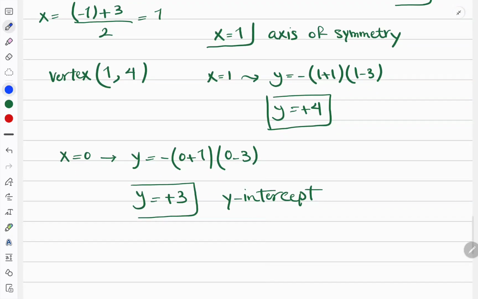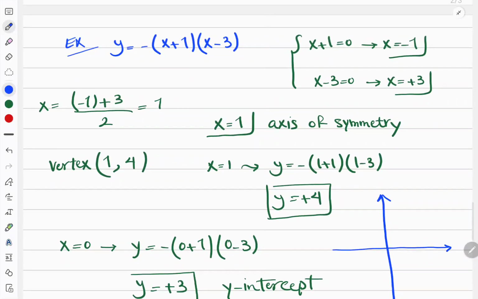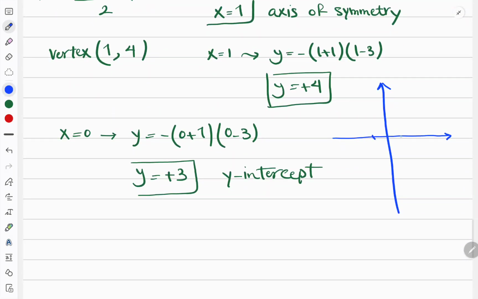And now negative 1 and positive 3, 1, 2, 3, these 2 x-intercepts.